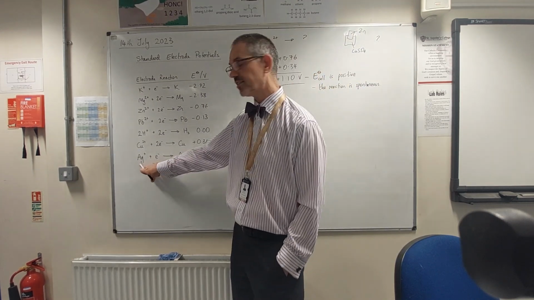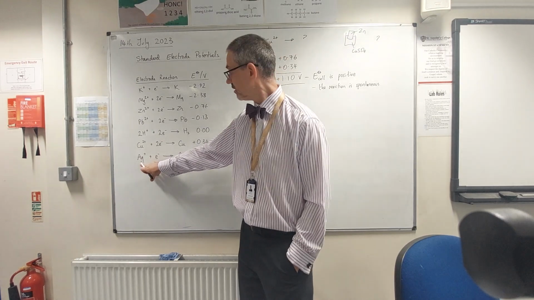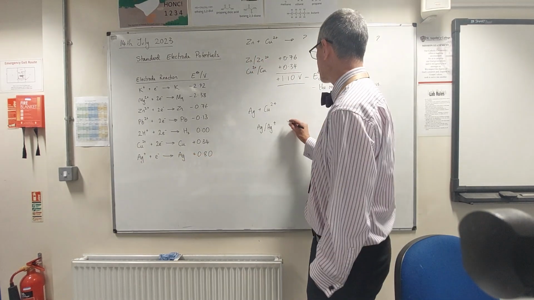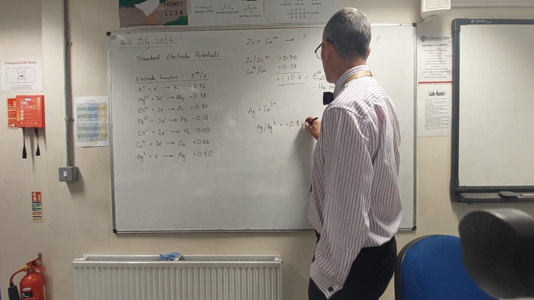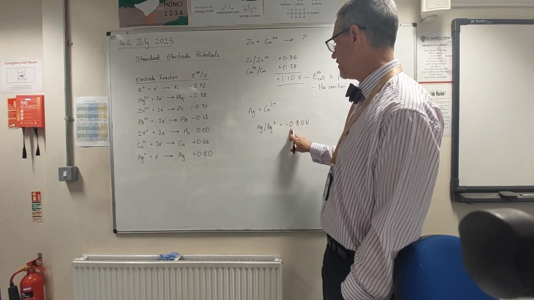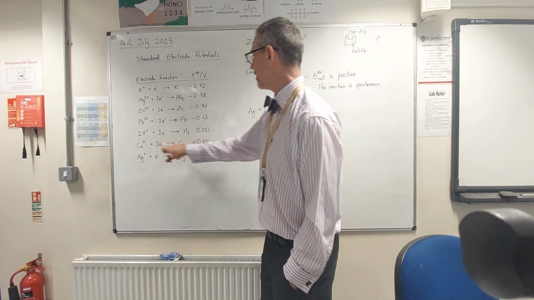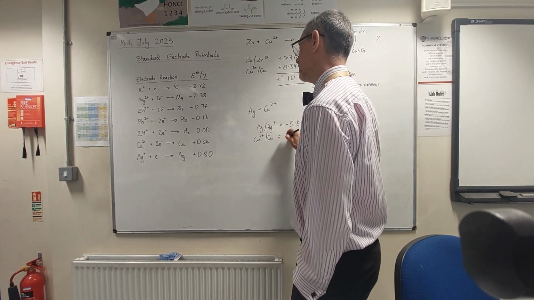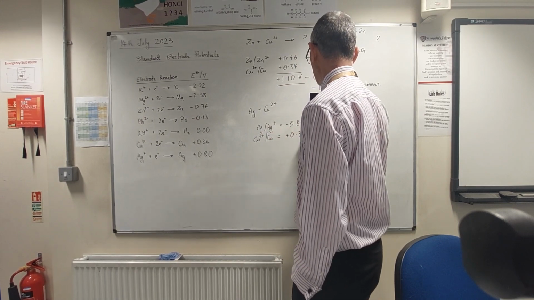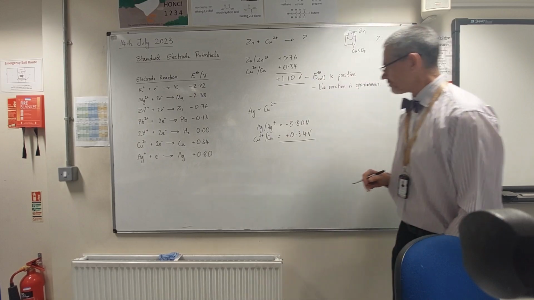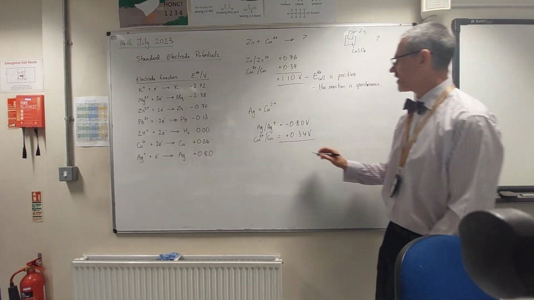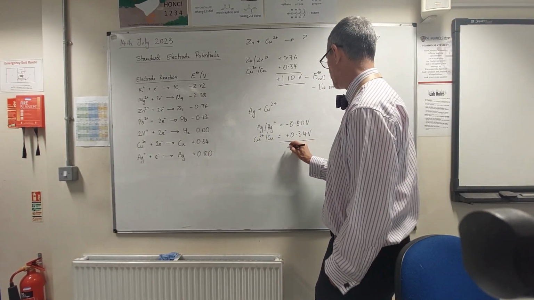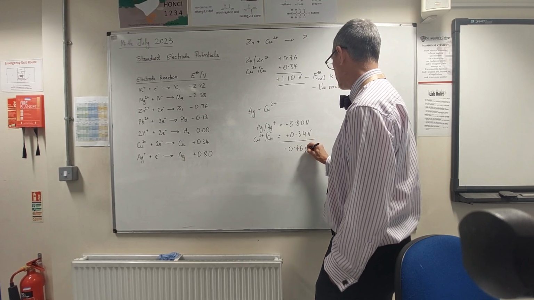I'm reversing the direction of that electrode reaction, so I change the sign of that E0 value. And then copper 2 plus to copper, plus 0.34. Add those together, and what do we get? Minus 0.46 of a volt.